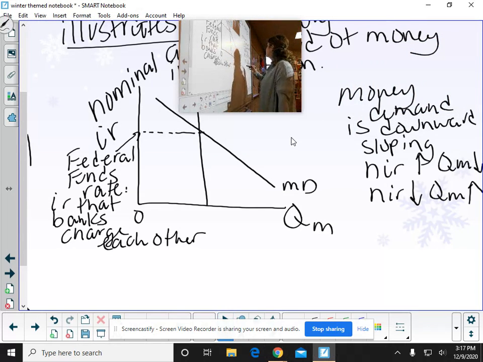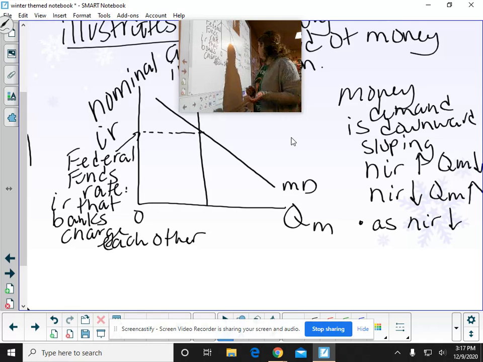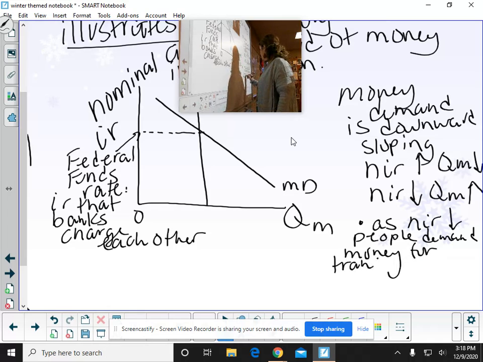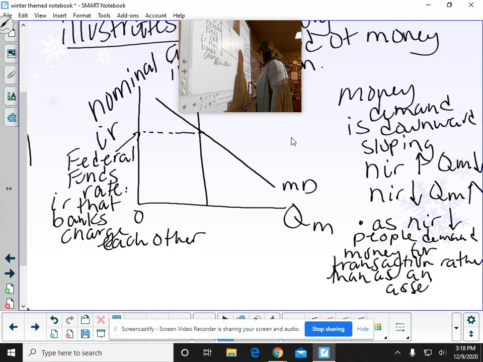So money demand is downward sloping because as nominal interest rates, let's say, decrease, you're not earning any interest, then people demand money for transactions, to buy things, rather than as an asset in a bank.